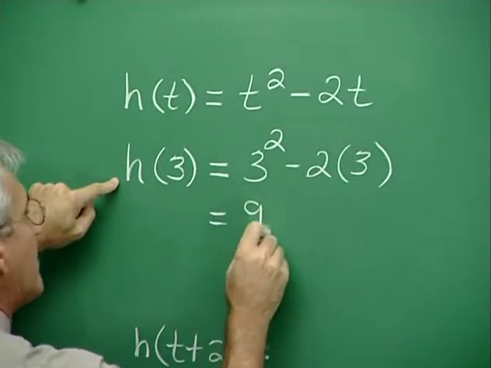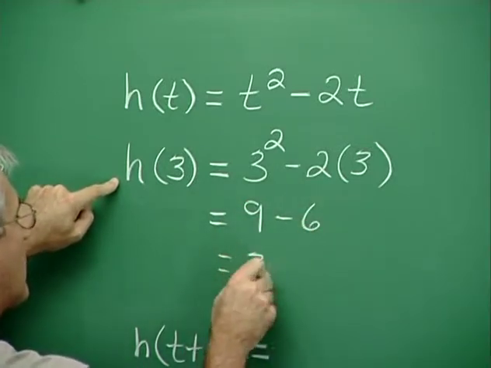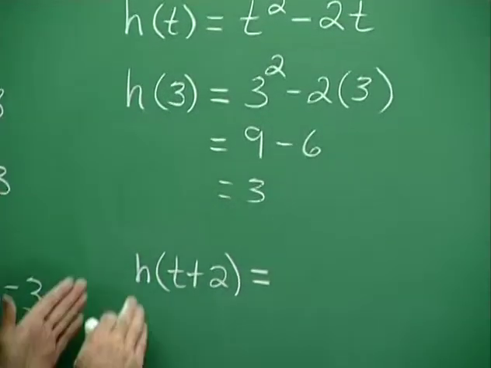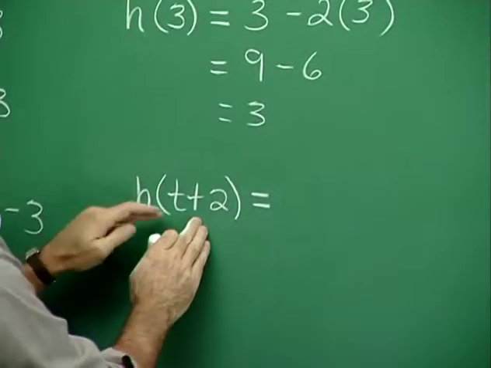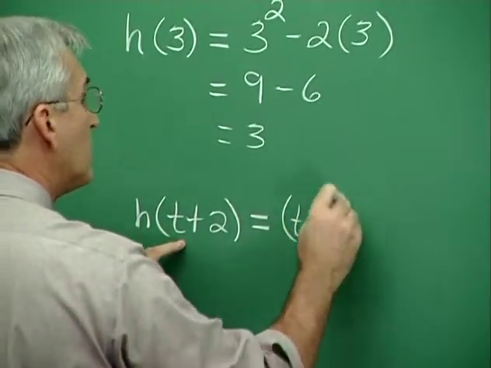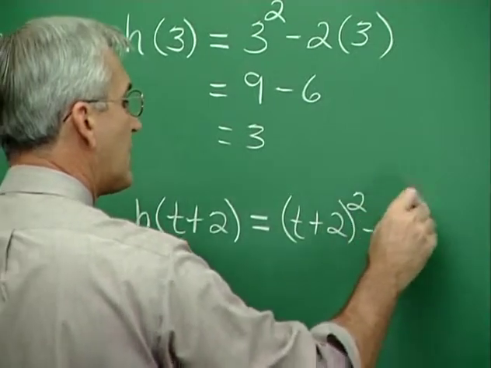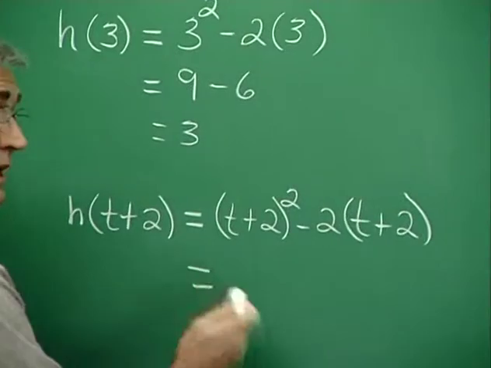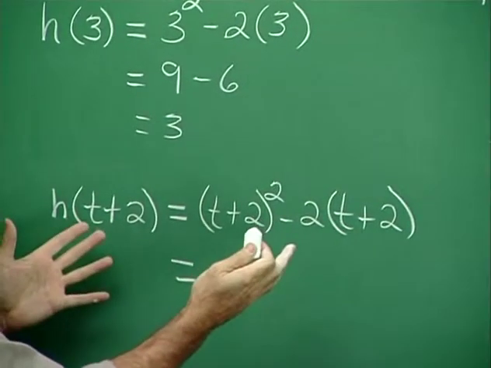So we have 9 minus 6, or 3, as h of 3. Here we have h of t plus 2. It means in the h function, replace t with t plus 2. So we have t plus 2 squared minus 2 times t plus 2. And away we go with simplifying here.